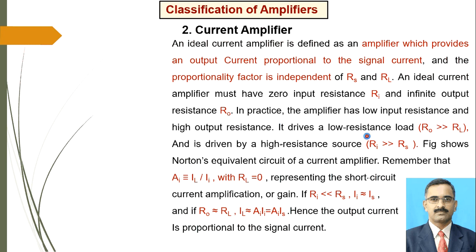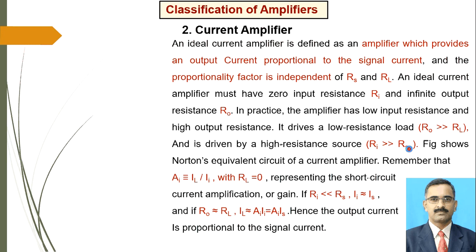That means R naught is very much greater than RL. And it is driven by a high resistance source. That means Ri is very much greater than Rs.